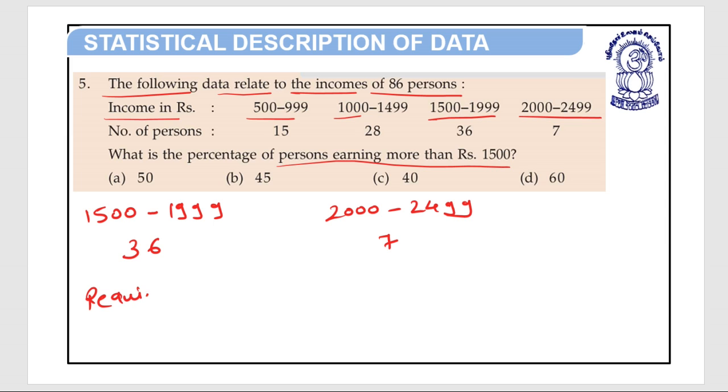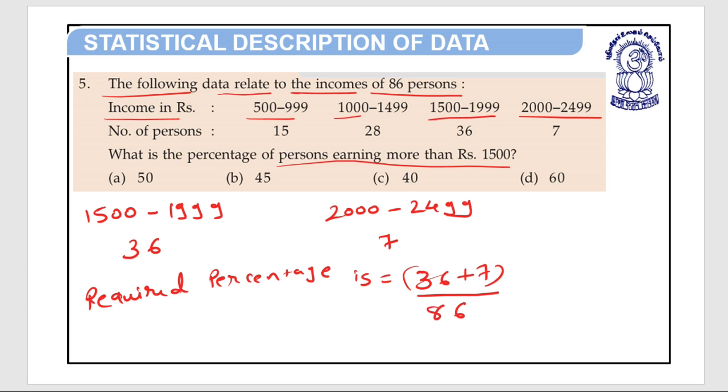So the required percentage is 36 plus 7 divided by 86 into 100.